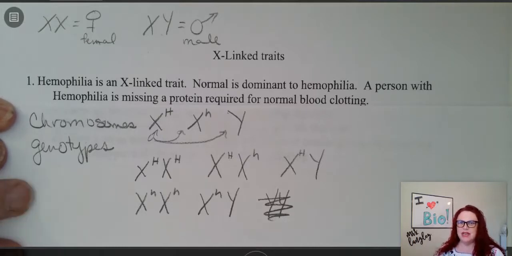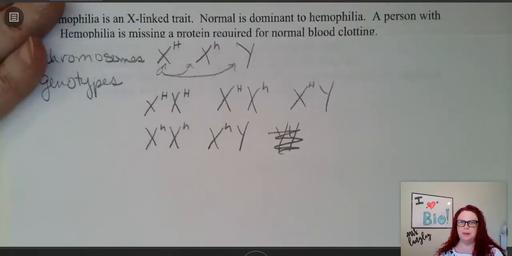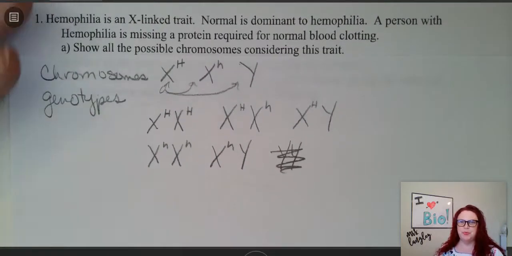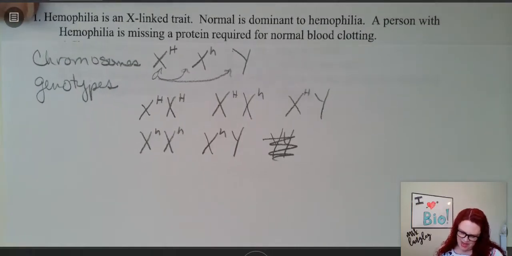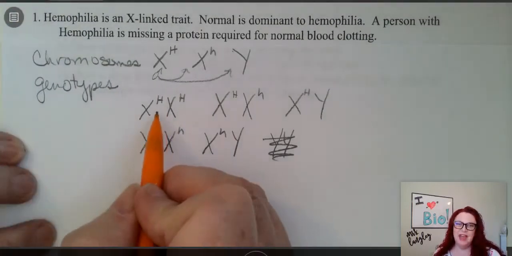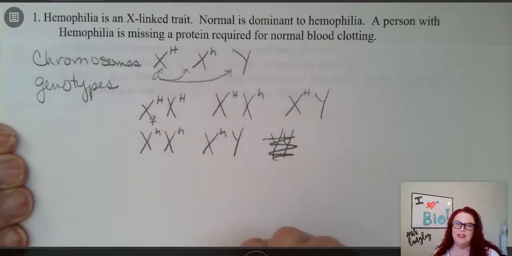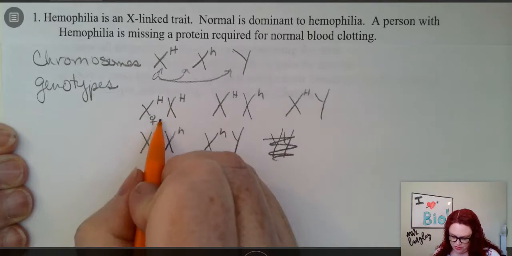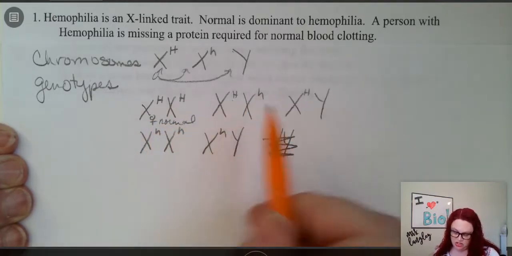Now, if I look at these, I can determine my phenotypes also. Move this up a little bit. So I can look at this one, and I know that an X and an X means female, and this one is normal. This one has one of each.